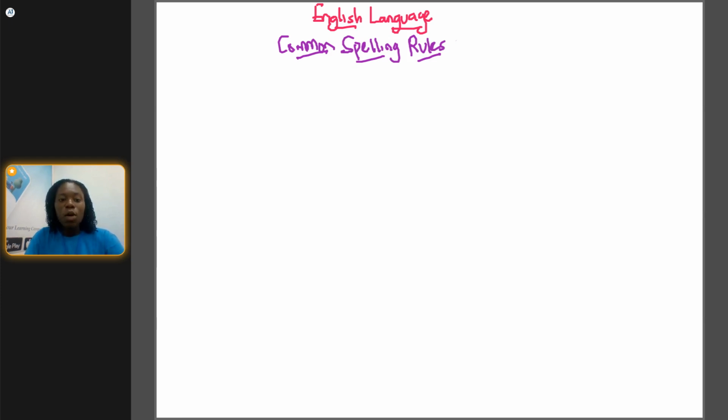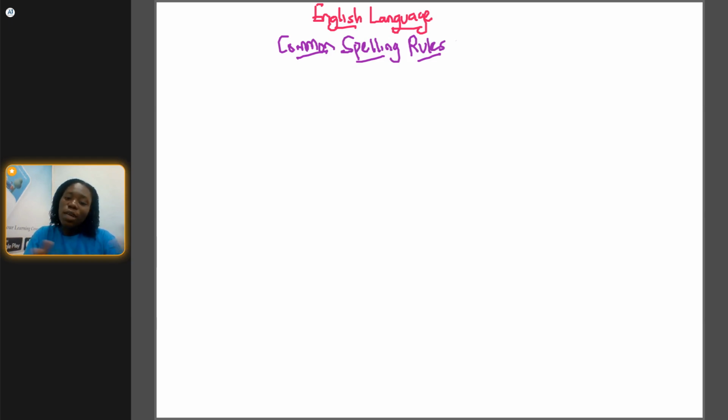I explained that we are looking at this, especially in preparation for your UTME, because there are exam questions related to spellings. You are given options and asked to choose the most appropriate. Out of four options, the word you're supposed to choose is there, but you have four variants of spelling and you're supposed to choose one.